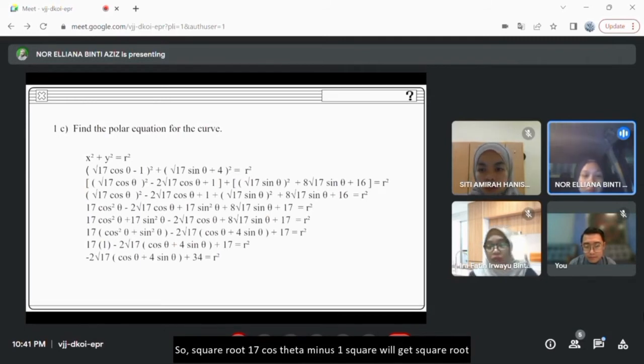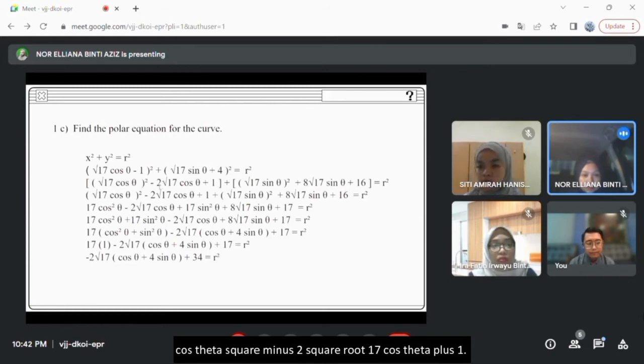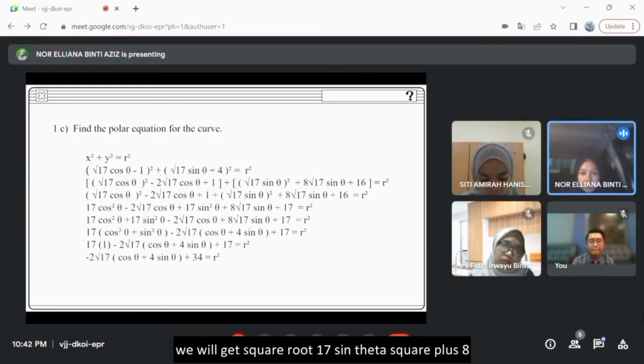So square root 17 cos theta minus 1, squared, gives square root 17 cos theta squared minus 2 square root 17 cos theta plus 1. And for square root 17 sine theta plus 4, squared, we get square root 17 sine theta squared plus 8 square root 17 sine theta plus 16 equals r squared.